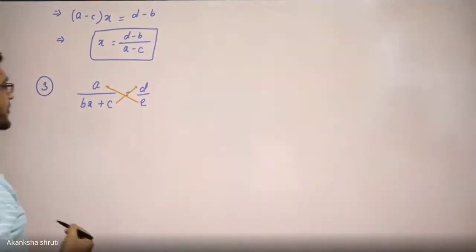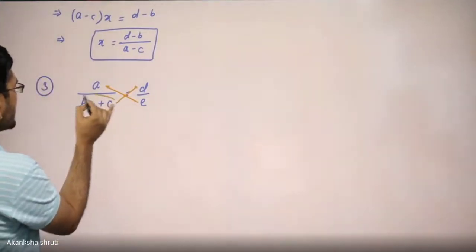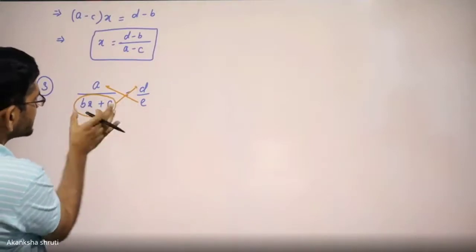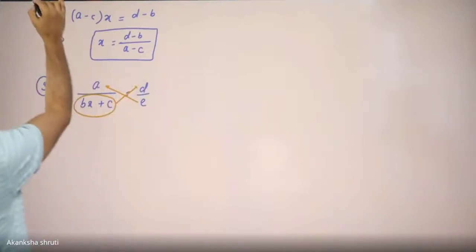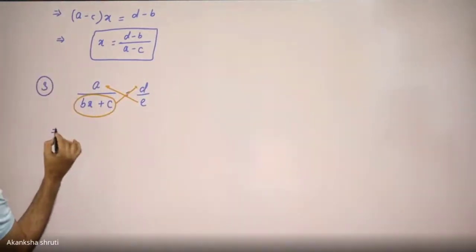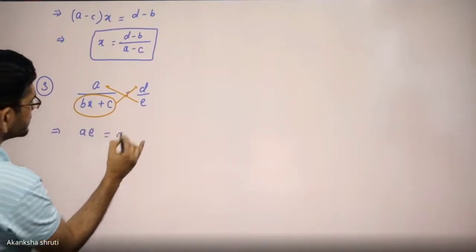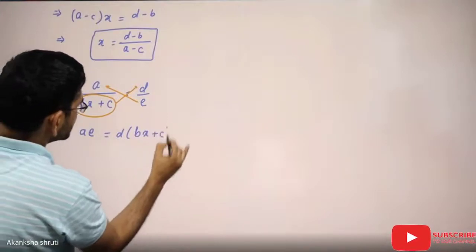But while going for the cross multiplication, we must keep in mind this entire term is like a single term. So this bx plus c, this entire term will multiply to this d. Therefore, we are writing this as a into e is equal to d bracket bx plus c.